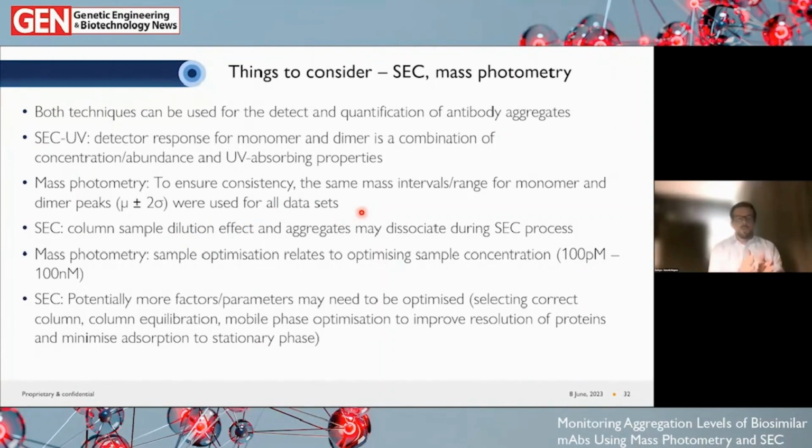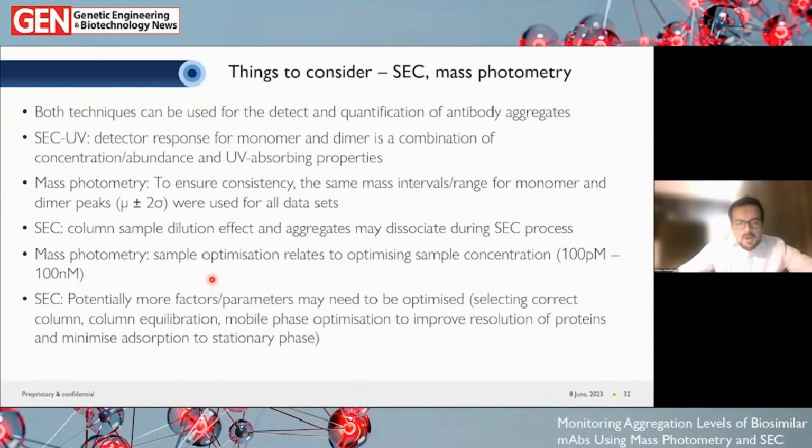So it's important that when you're comparing different samples, you set the same interval range and utilize that for the analysis of all of the samples. Where SEC is concerned, there is a column sample dilution effect as well, which should be borne in mind, as aggregates may dissociate as a consequence of this during the SEC separation process.